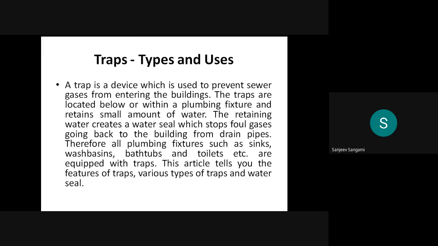The retained water creates a water seal which stops foul gases going back to the building from the drain pipes. Therefore, all plumbing fixtures such as sinks, wash basins, bathtubs and toilets are equipped with traps. This is used to trap the gases that are present in the sewage. Then we'll see how exactly this can be used.